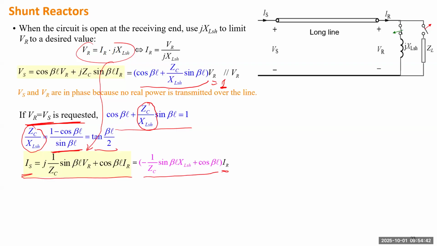So we also have another factor multiplying the load current. And this factor is also real. So we know the source current and the load current are also in the same phase. There's no phase difference.